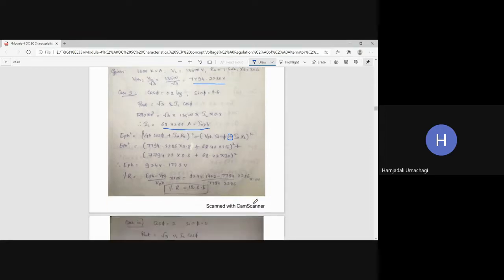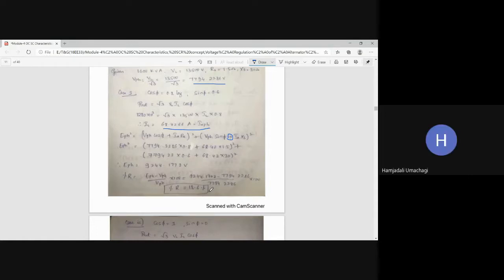Then percentage R is 18.602. Okay, fine. So here it is 18.6%.